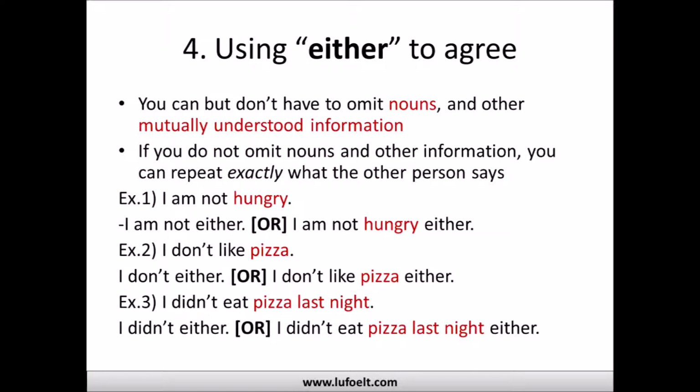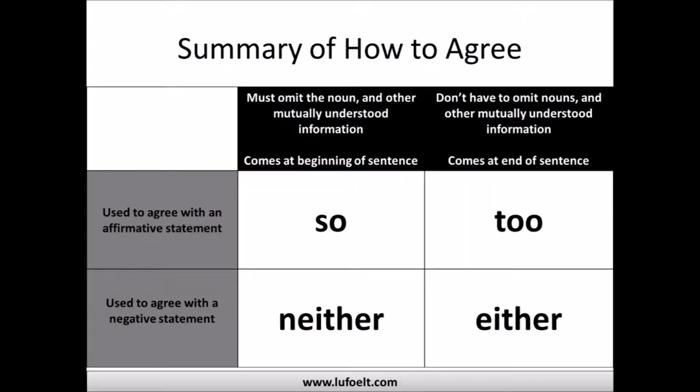Okay, so just to summarize all of this, of how to agree, when we use so to agree, you must omit the noun and other mutually understood information when you're agreeing with an affirmative sentence.